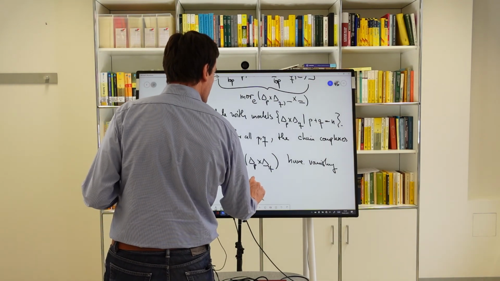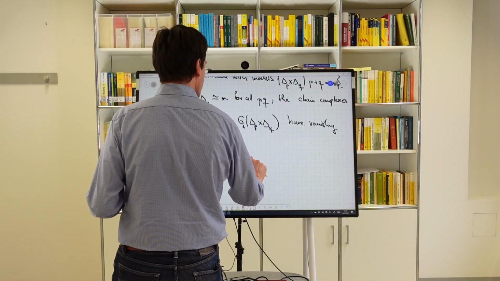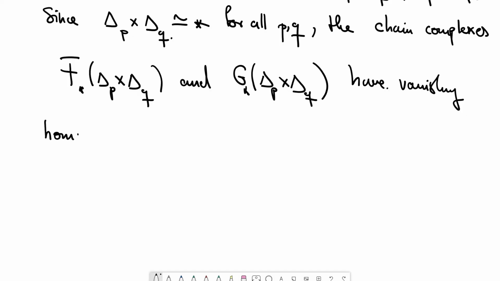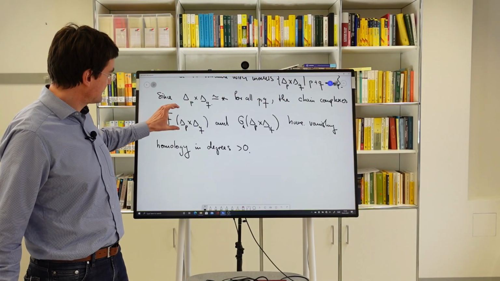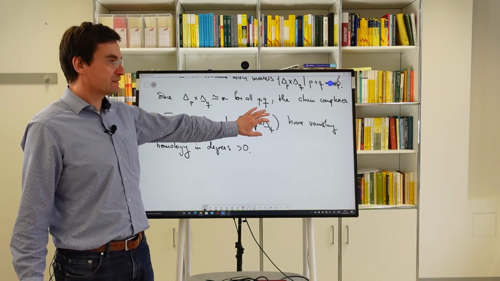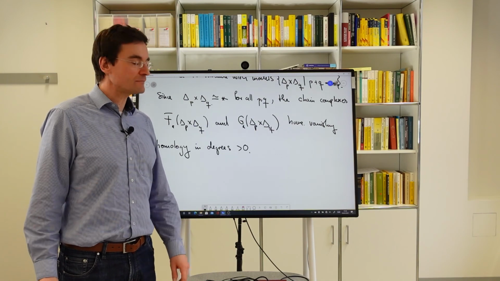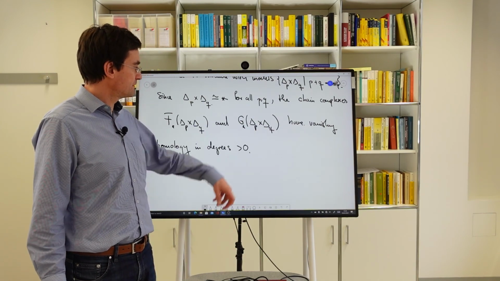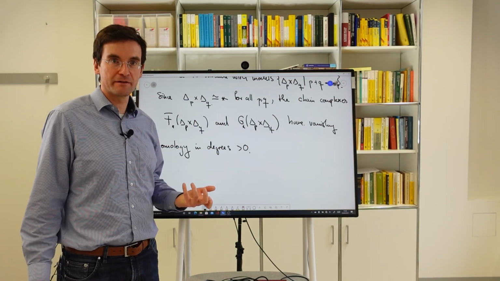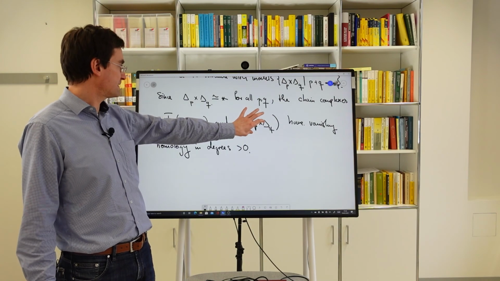Okay, so maybe one step back. The first one is really the singular homology of that thing. That definitely has vanishing homology in positive degrees. That was a tensor product. But if the homology vanishes except in degree 0, the algebraic Künneth theorem immediately gives you that that has vanishing homology.